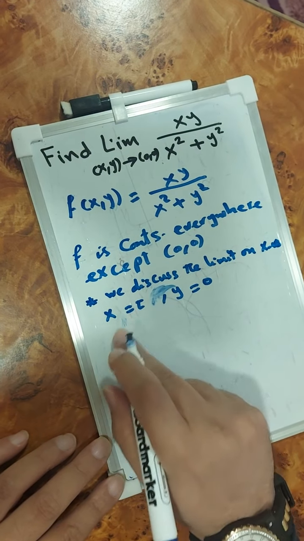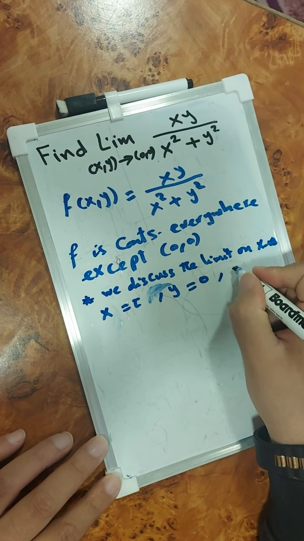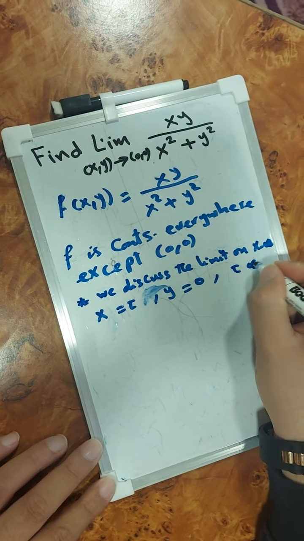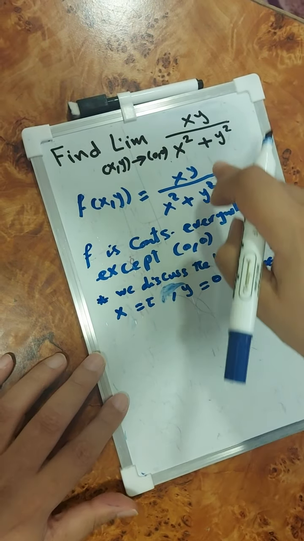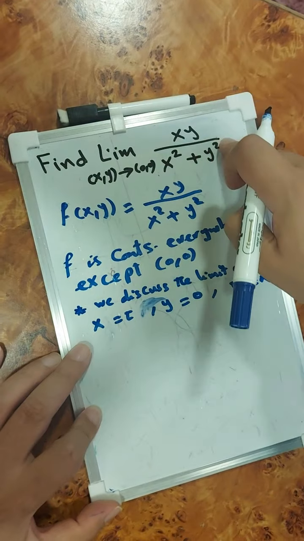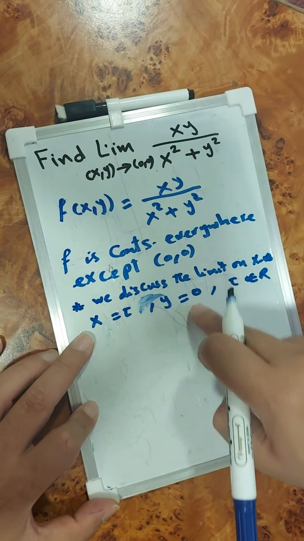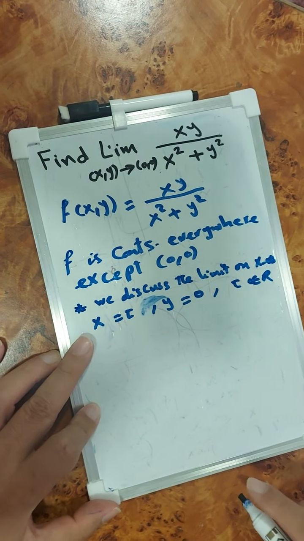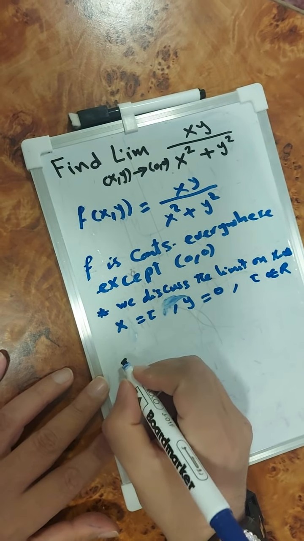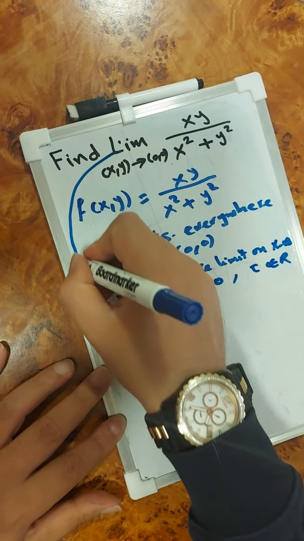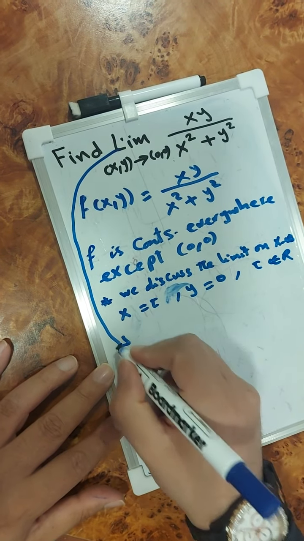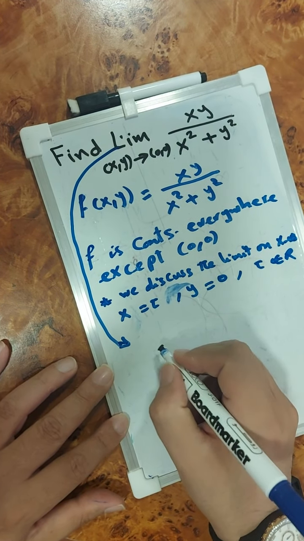This is the parametric solution of the x-axis where t is any real number, on the real number line. So if we substitute in this limit, we put x equal t and y equal 0.